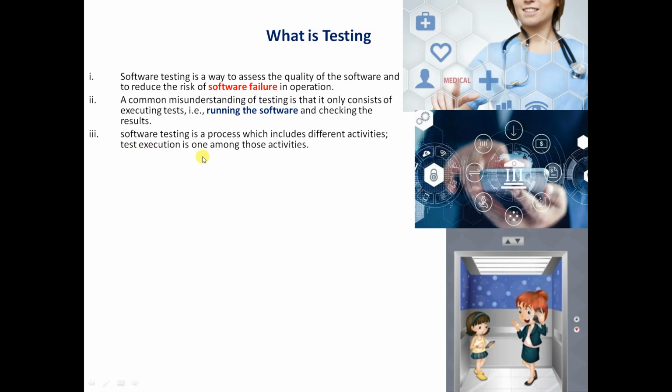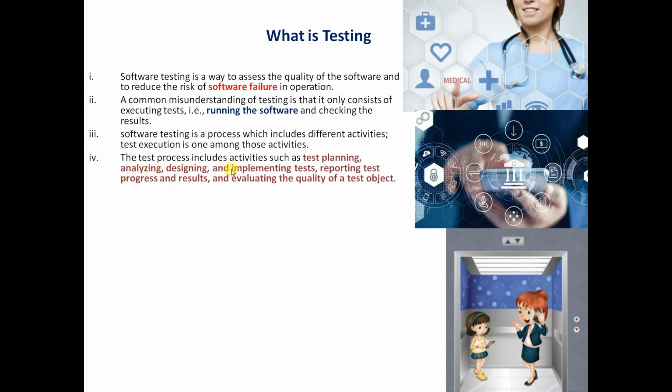No, that's not correct. The test process includes several activities such as test planning, analyzing, designing, implementing tests, that is implementing test cases, reporting test progress and results, and evaluating the quality of the test object. These are all that the test process includes.